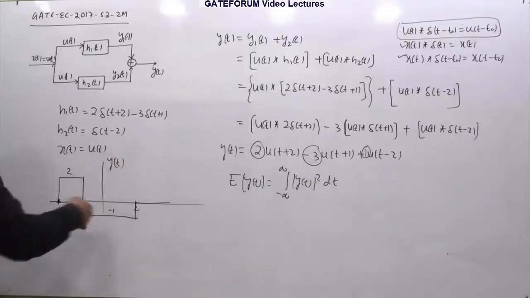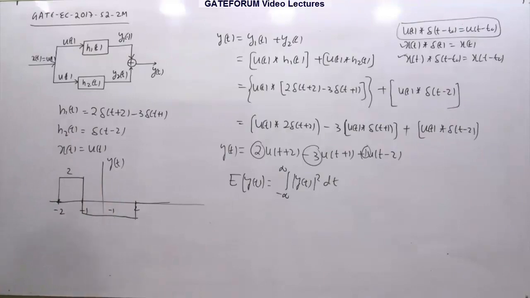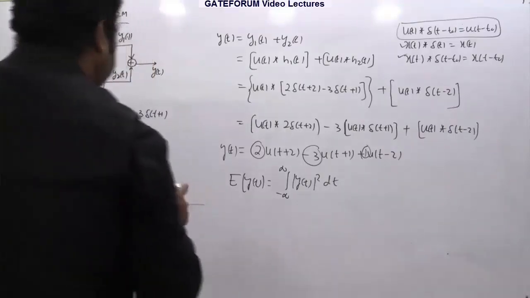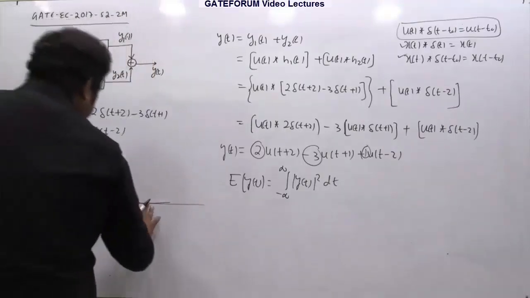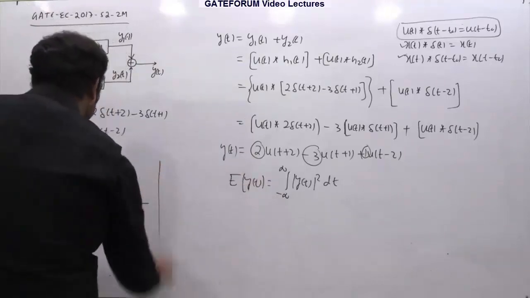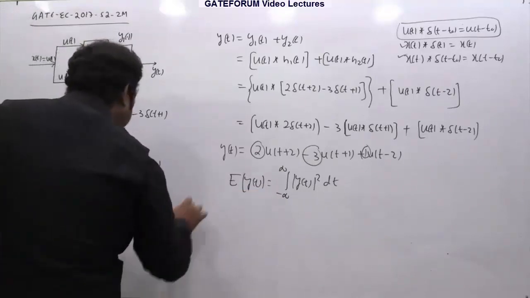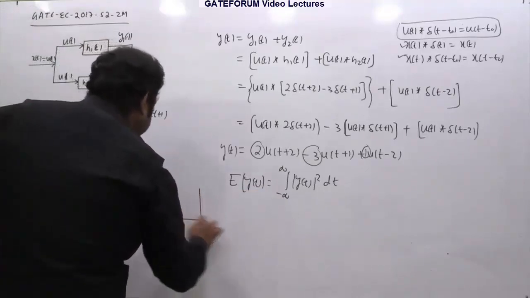Whether you take the mod or not, the square of a negative quantity will anyway be positive in nature. We can solve by equations, or we can also deal with the corresponding graph. If I ask you to plot mod of y of t, how does mod of y of t look?